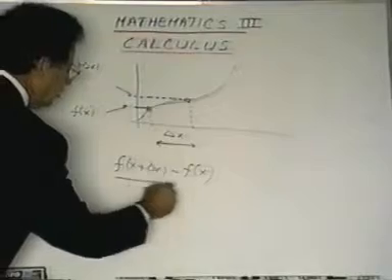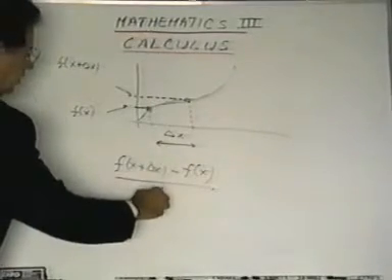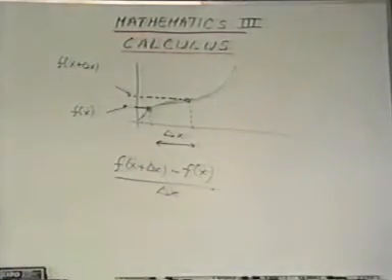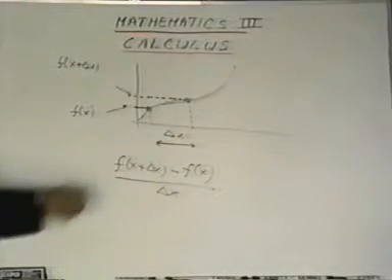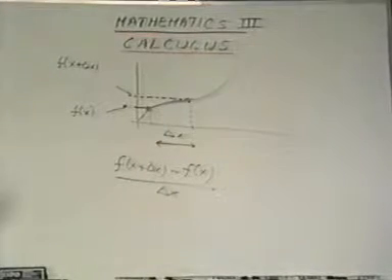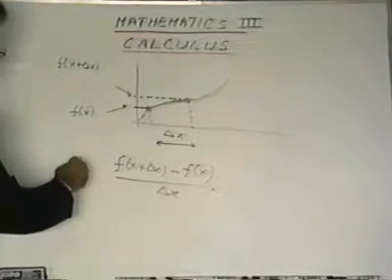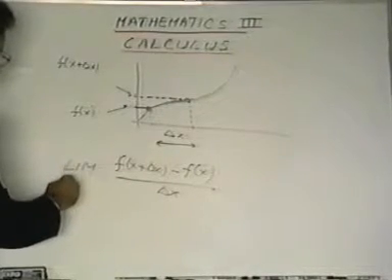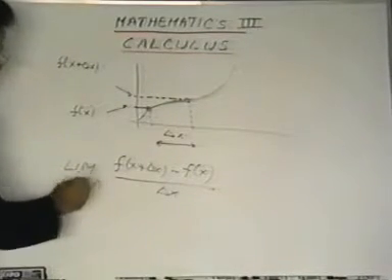If we divide that change in y by the change in x, that would be the slope or the derivative of the curve in this area. Now, to make this really work, we have to make delta x as small as possible, infinitesimally small. So we put a restriction here saying we can take the limit as delta x approaches 0.